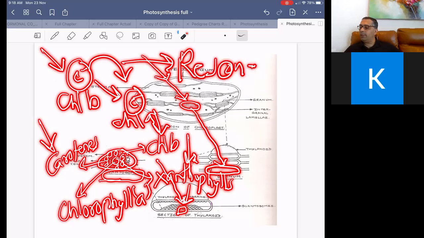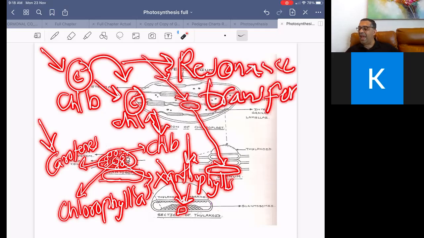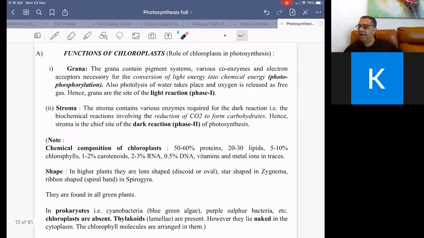Resonance transfer. By resonance transfer all the energy goes into the chlorophyll A electron. So that is what we just did.